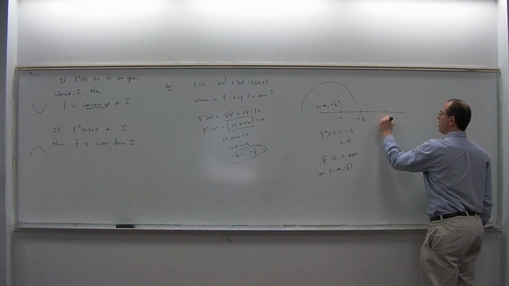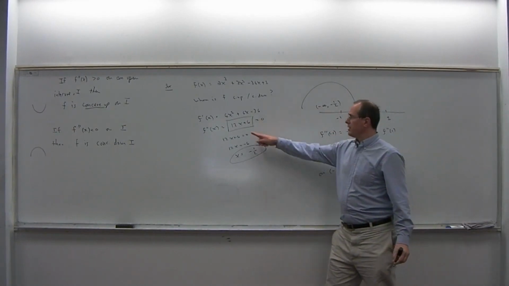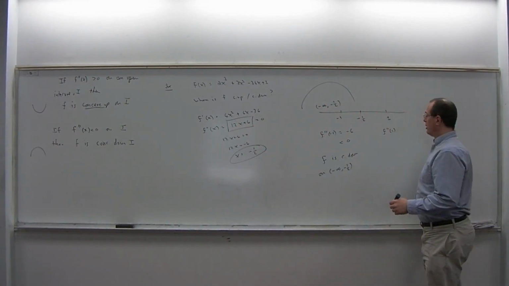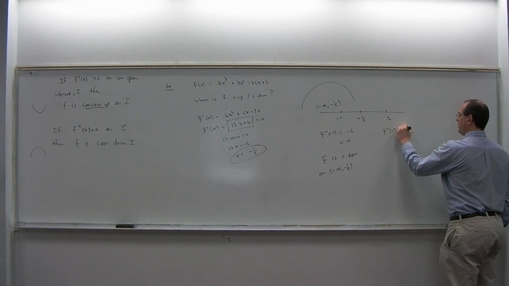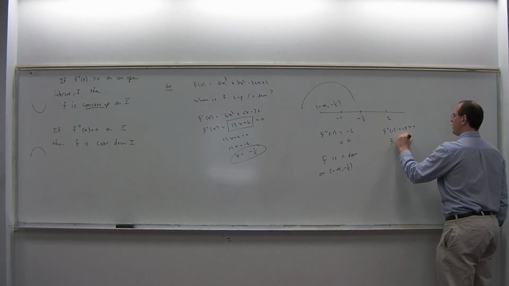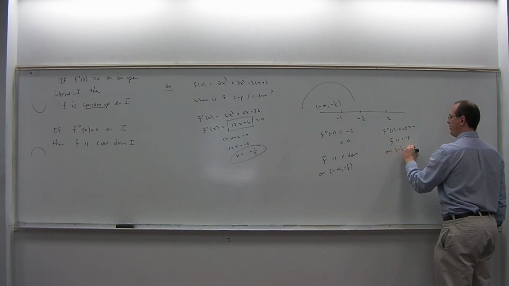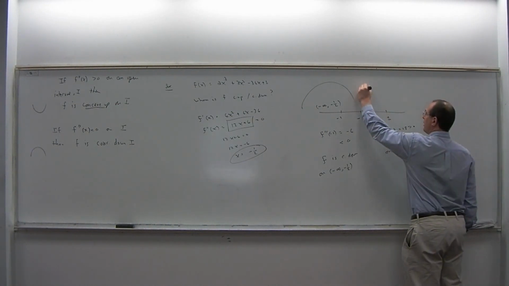And then if we try 1, f double prime of 1 is going to be 12 plus 6, which is 18, which is positive. And so f is concave up on the interval from negative 1/2 to infinity.